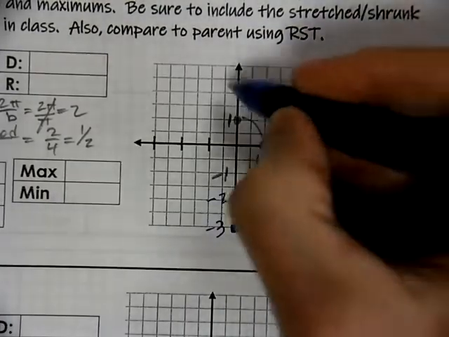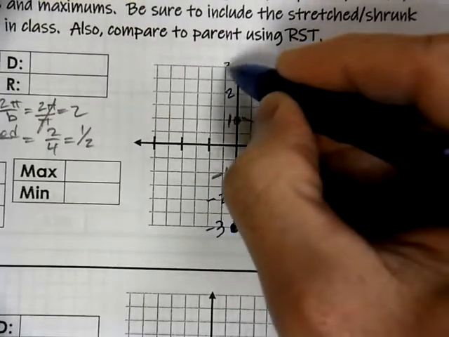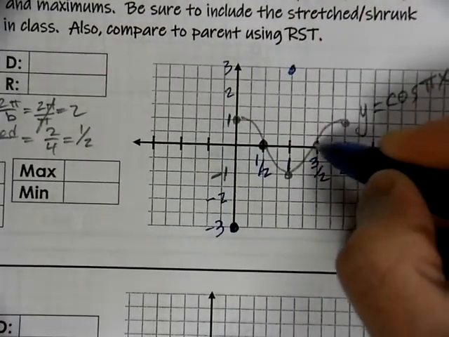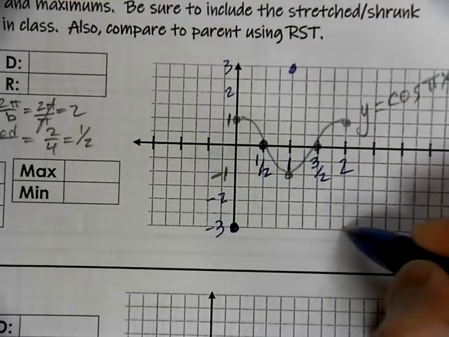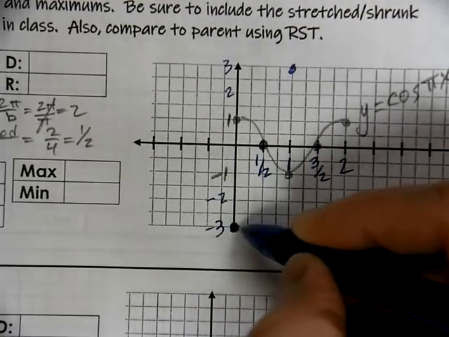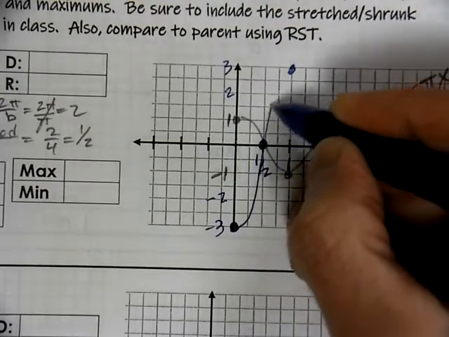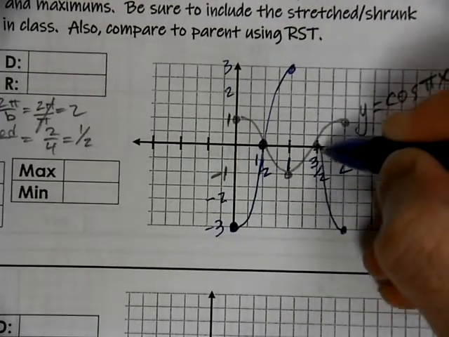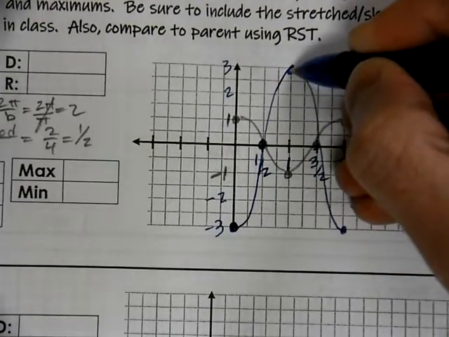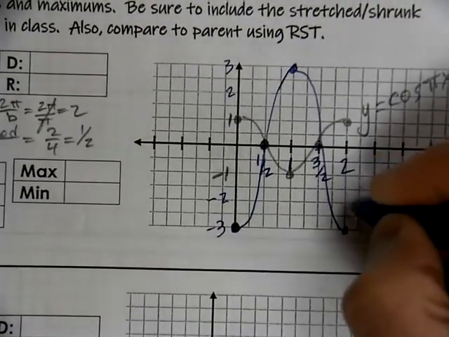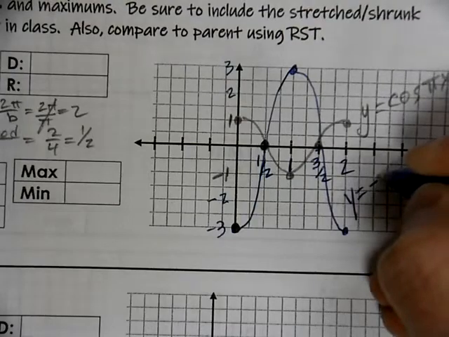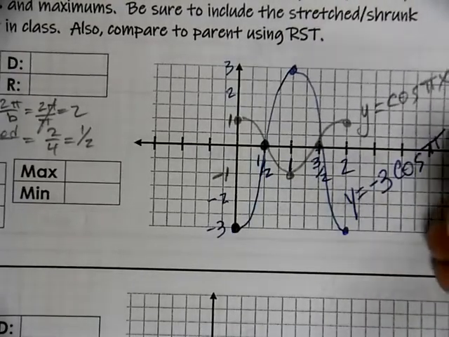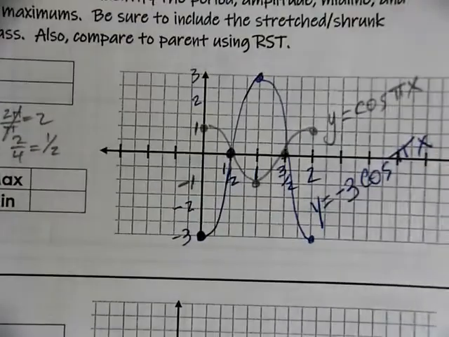And then 0, then we go up to +3, back to 0, and then -3. Remember to make your graph so it doesn't look like shark teeth. Try to curve it. So that's going to be y equals -3 cosine of pi x.